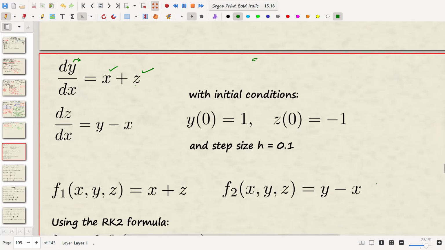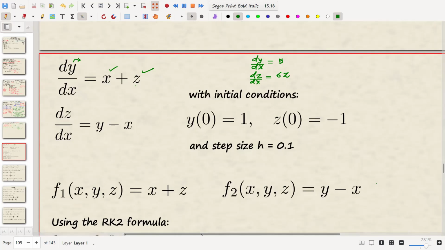To understand better, I will give you one more example. dy by dx is 5, and dz by dx equals 6x. Is it a coupled ODE? It is not a coupled ODE. Why not? Because dy by dx is varying constantly.